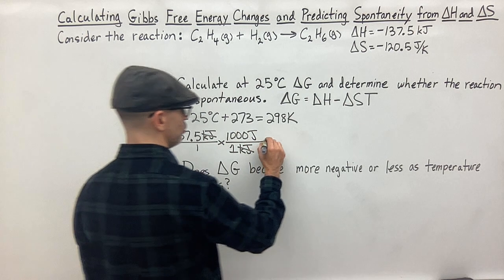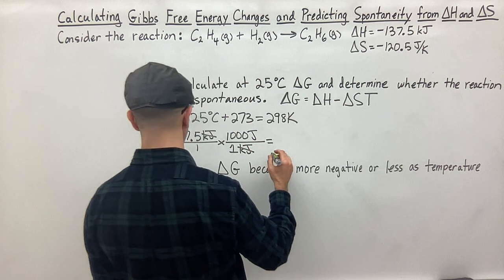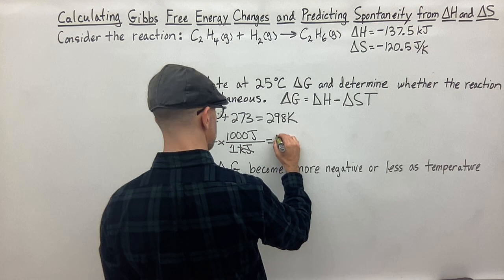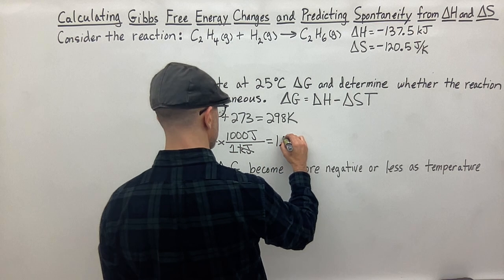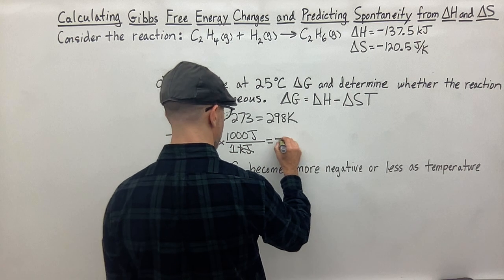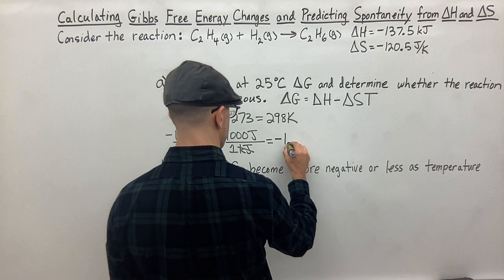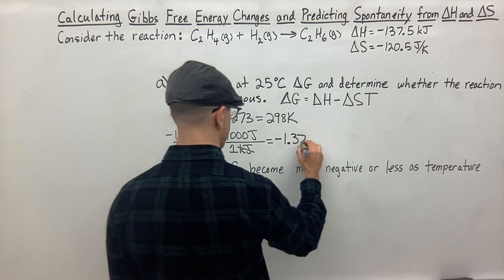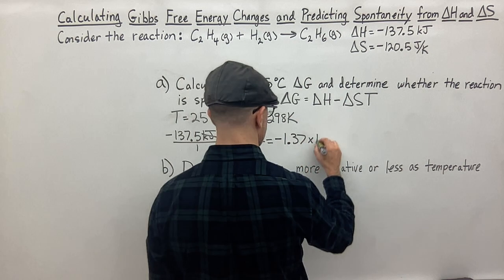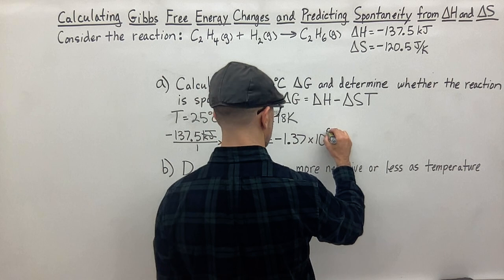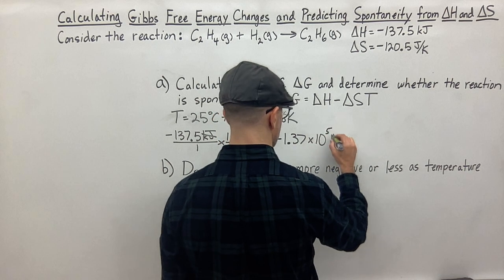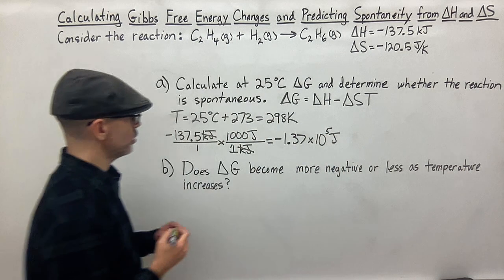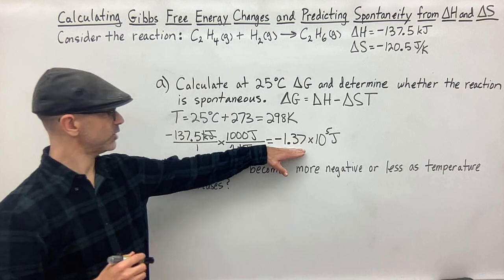Now I have joules, so I calculate that, and I get negative 1.37 times 10 to the 5th joules. So there's my delta H in joules.